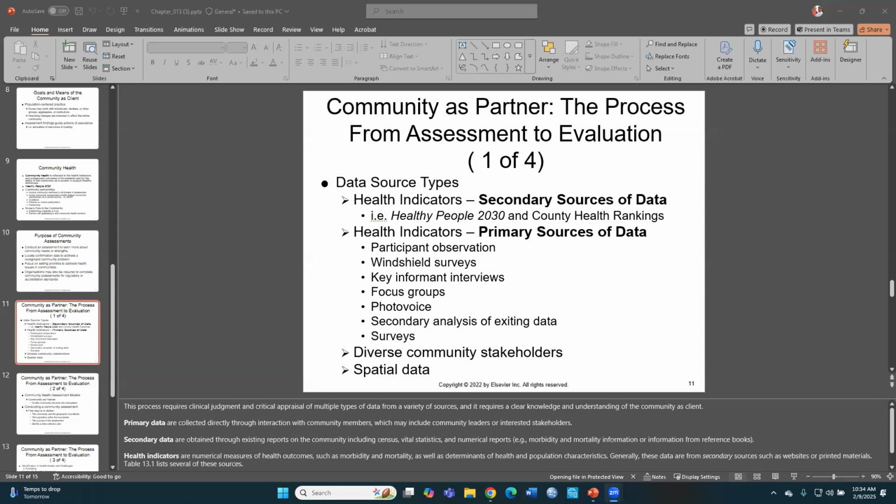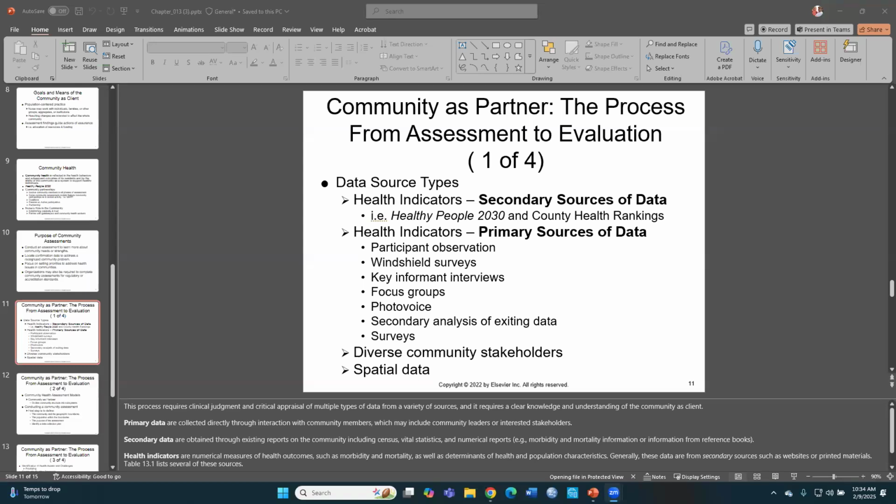So I forget how often they do it, but they'll collect data through the census. You get either a phone call or you get something in the mail to fill out the data. The CDC keeps excellent data as well. Primary data is collected through interaction with the community members, which may include community leaders or even interested stakeholders.